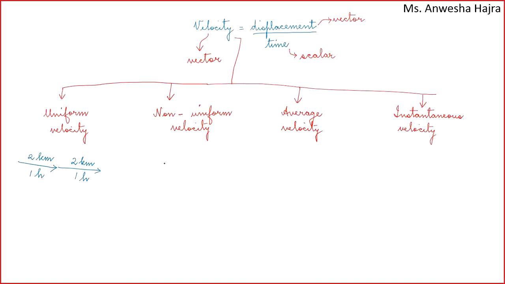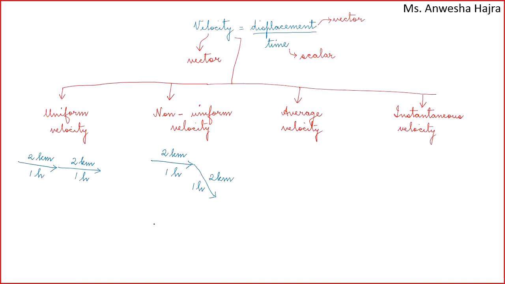But if you change the direction, it now becomes non-uniform velocity. 2 kilometers in 1 hour, and then I move 2 kilometers in this direction in 1 hour. This is non-uniform velocity. It is uniform speed, but non-uniform velocity.